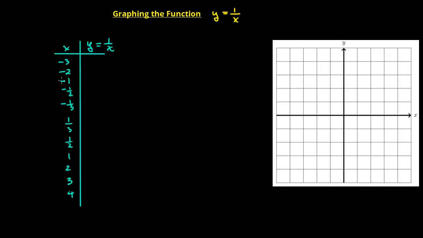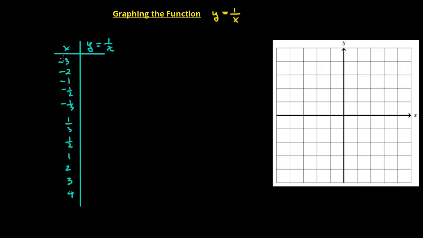So you might have noticed that the x values that I chose are a little bit odd, because I didn't choose all integer values for x. I also chose some fractional values for x. The reason is that if you divide 1 by -3 and you divide 1 by -2, you'll get fractional values for y.